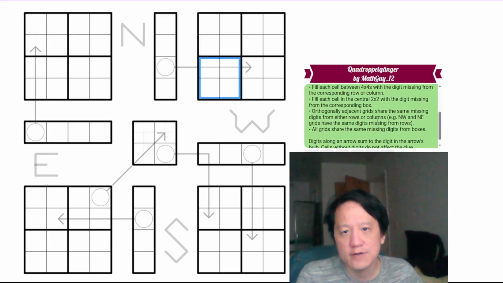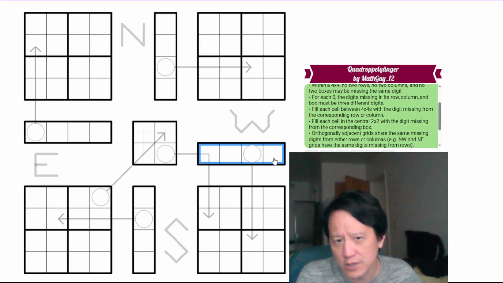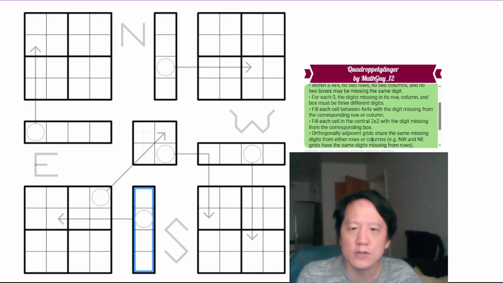Fill each cell between 4x4s with the digit missing from the corresponding row or column. So they must be missing the same digit in those columns and rows then, I guess. Right, so fill each cell between the 4x4s with a digit missing from the corresponding row.